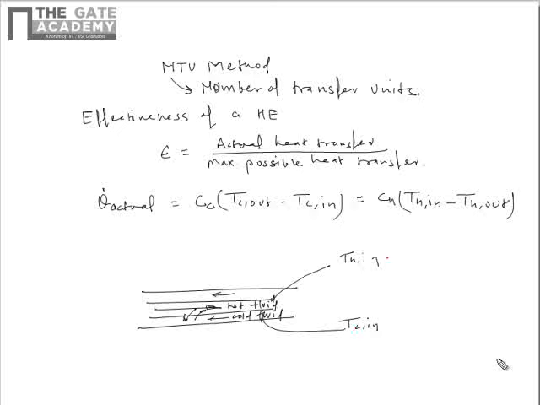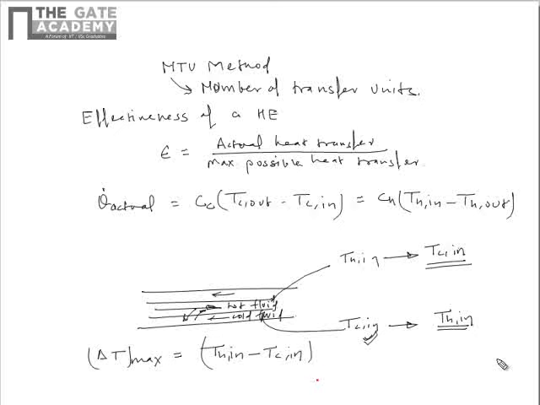So the minimum temperature that a hot fluid can attain will be equal to Tc in, and the maximum temperature that a cold fluid can attain can be Th in. These values cannot be exceeded. So the maximum temperature difference, temperature increase or decrease, can be Th in minus Tc in.